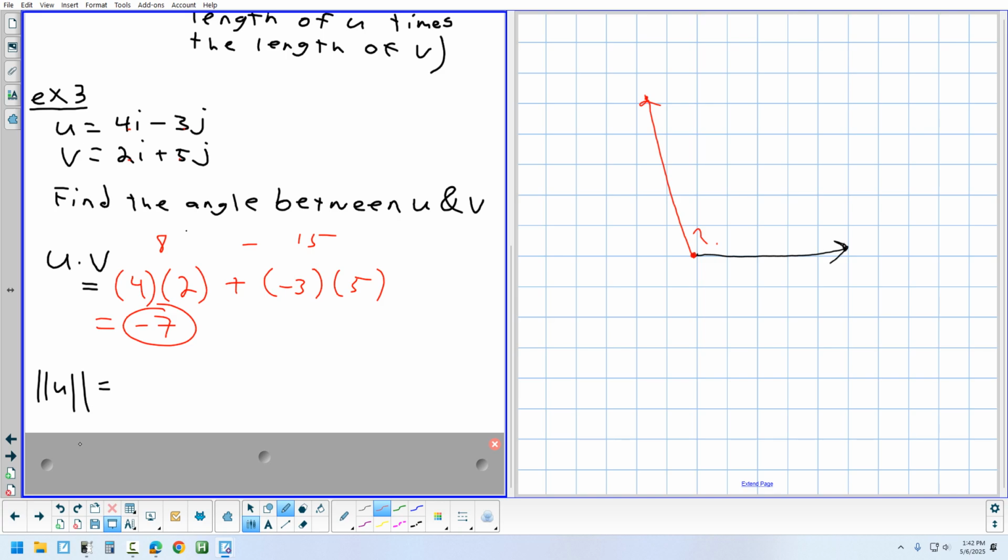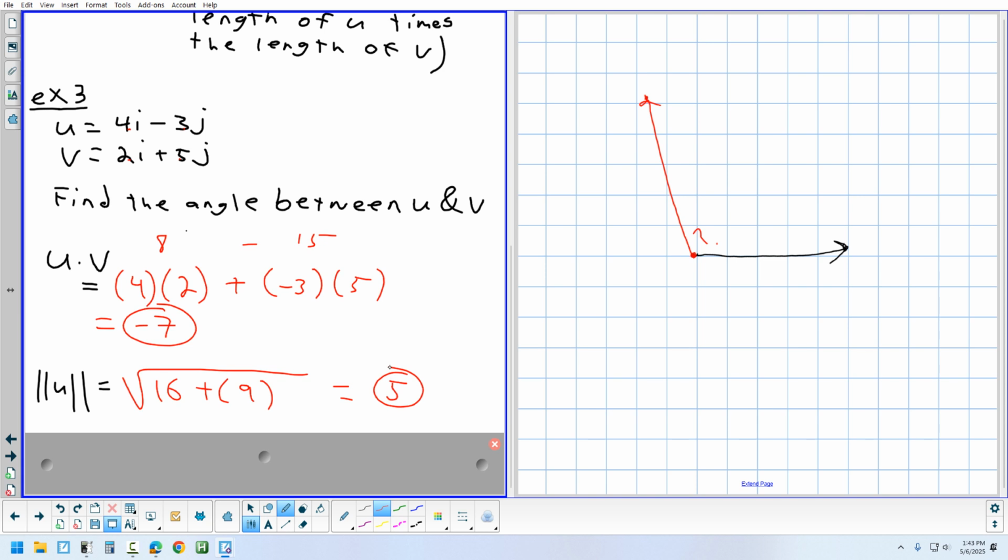It's the square root of x squared plus y squared. And what's the x in this case? 4. X squared is 16, and negative 3 is y squared. So negative 3 squared is 9. So square root of 16 plus 9, 5. Yep. So that's the length of u.